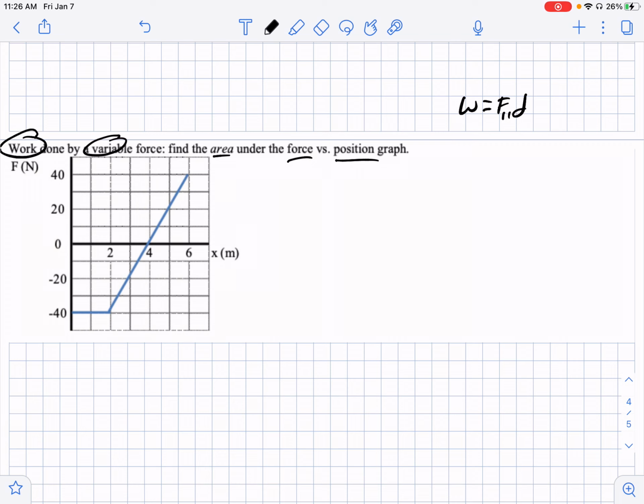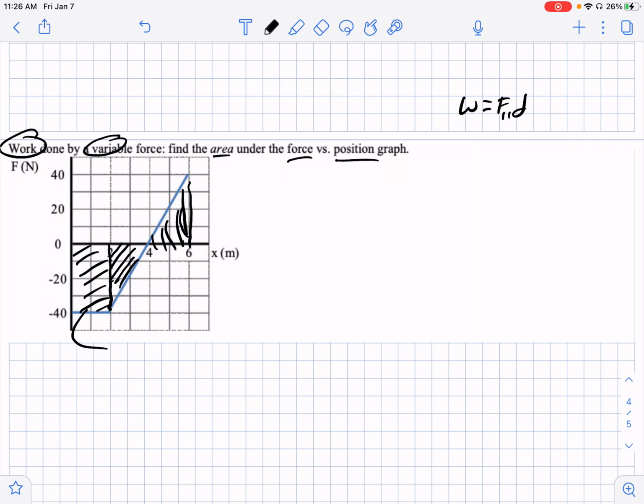And when I find the area underneath the curve here, I can break it up into my shapes. I'm going to take my y-axis and multiply it by my x-axis. That's force times that distance. So that's work. So let's break up our shapes. Should end up with this. We have two triangles and a rectangle.